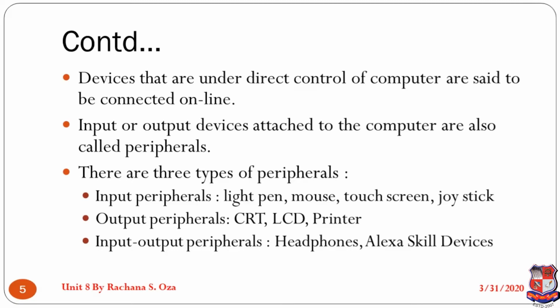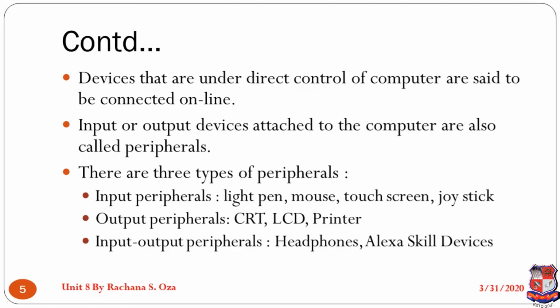The third category is the mixture of input-output devices. That is input-output peripheral. The first example I have quoted is headphone, because you can use headphone for listening to audio as well as for receiving commands. Nowadays we have Alexa skill devices. These devices are audio voice command enabled.